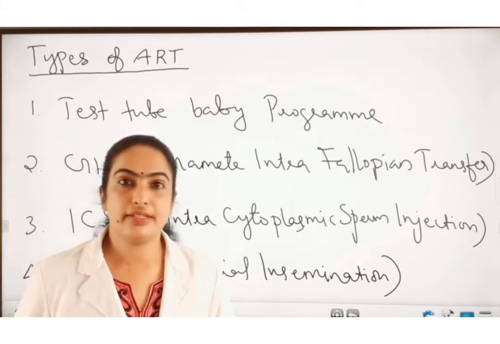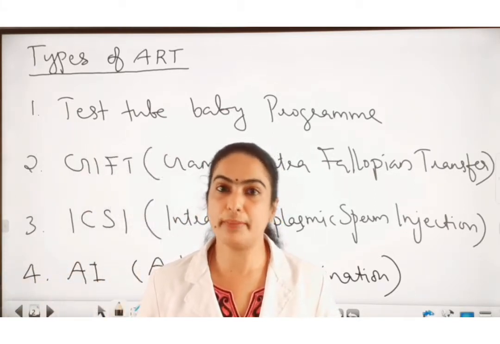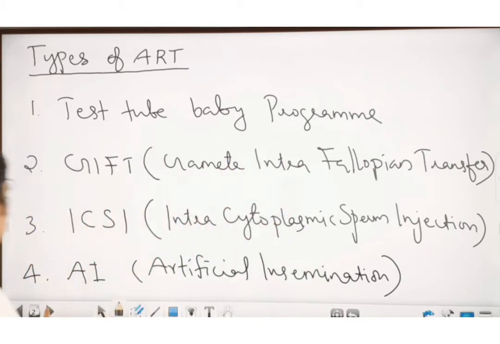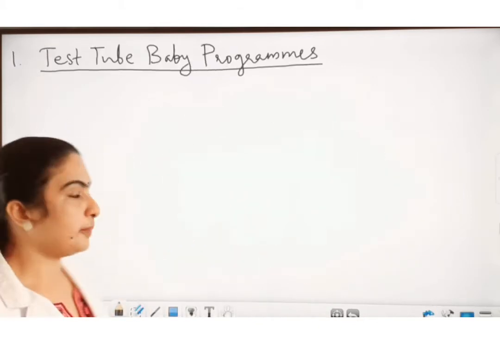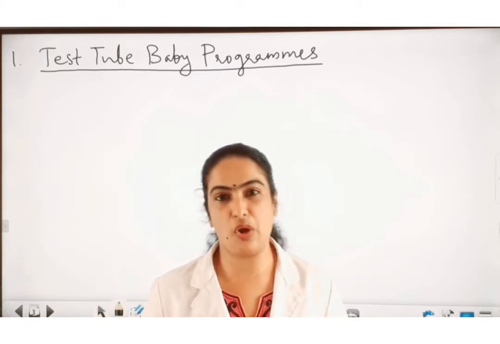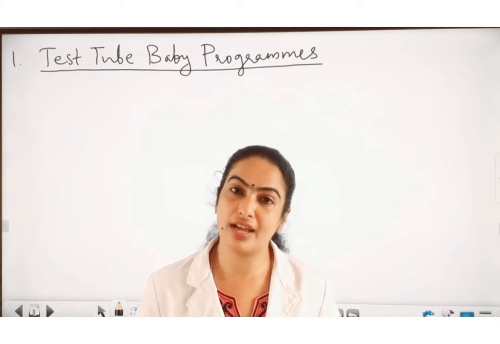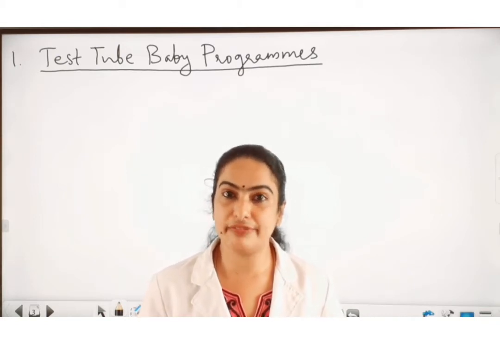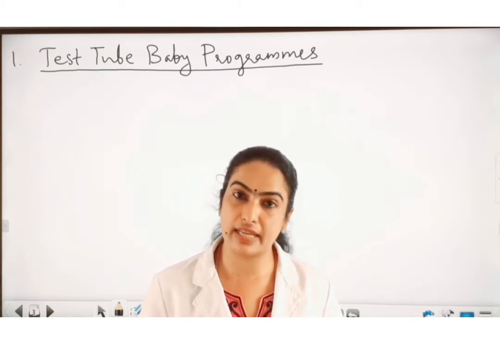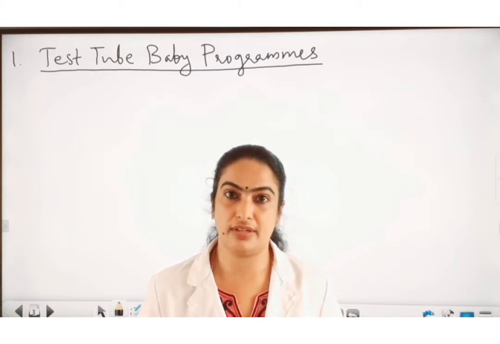Okay, and we can see the first one, test tube baby program, in detail. In test tube baby program, actually this is a misnomer or misname. It does not mean that the baby is developed inside the test tube. Actually, fertilization takes place in the laboratory under sterilized condition or in vitro condition.